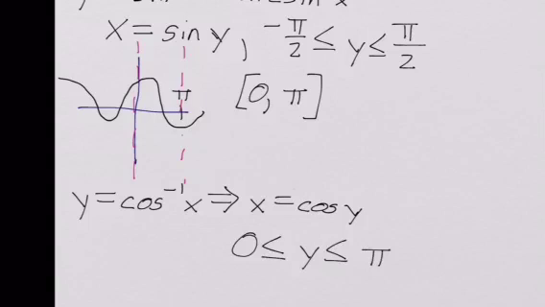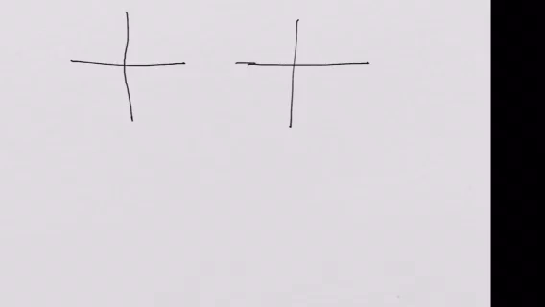Then the final one we're going to take a look at is, actually, we're going to look at both tangent and cotangent together. First, the graph of tangent, and then I'll go ahead and put the graph of cotangent in here.